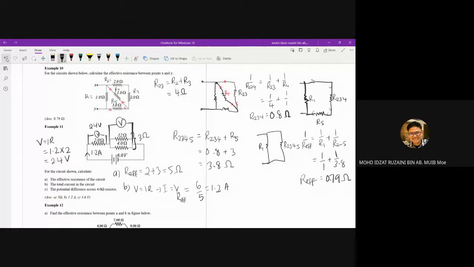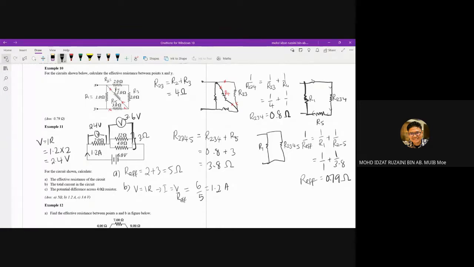Okay, so you know that in a series circuit, this is series, right? The 2 ohm is connected in series with these two. Okay, so in a series circuit, you know that V total is equal to V1 plus V2. So V2 over here is equal to what? 6 minus 2.4, you will get 3.6 volt. Okay, so you know that these two are connected in parallel.